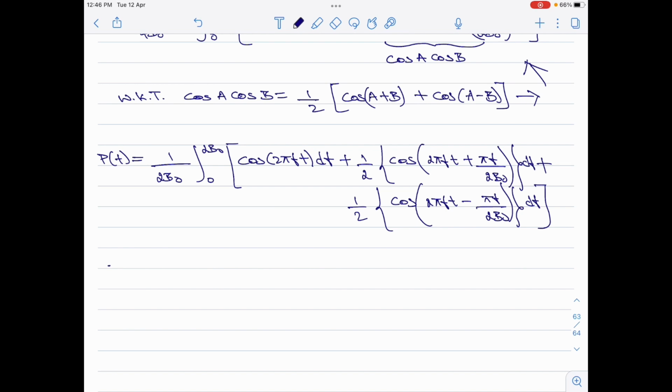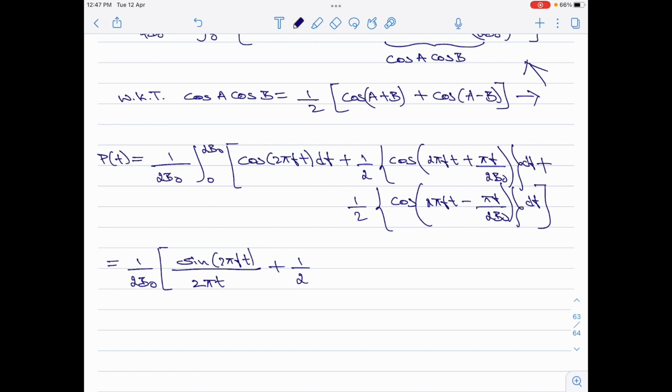So, this is equal to 1 divided by 2 b naught into integration of cos 2 pi f t df is equal to sin 2 pi f t divided by 2 pi t. Then we have a plus 1 by 2, integration of cos 2 pi f t plus pi f by 2 b naught is equal to sin of 2 pi f t plus pi f by 2 b naught divided by the coefficients of f.